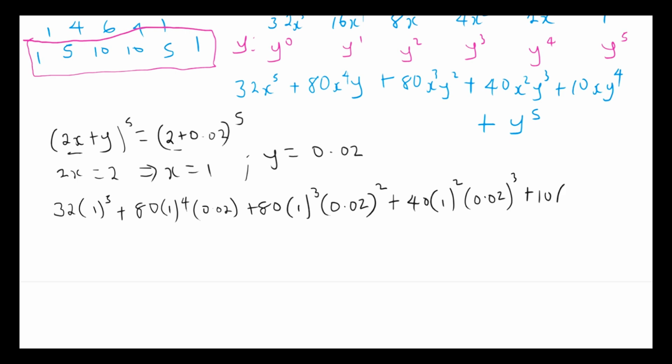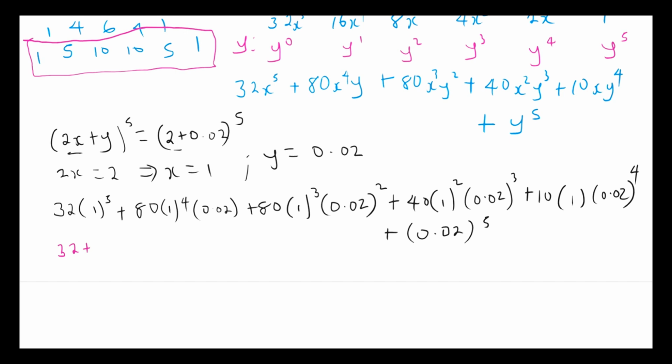plus 10 into 1 into 0.02 power 4, plus, now we have y power 5, that is 0.02 raised to power 5. So now we're just going to obtain these values. The first part is 32 times 1, which is just 32, plus the next one is 80 times 1 times 0.02.